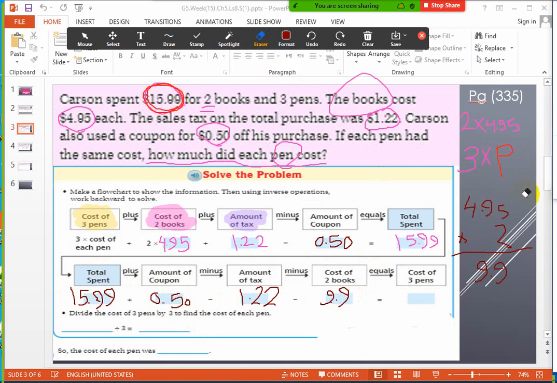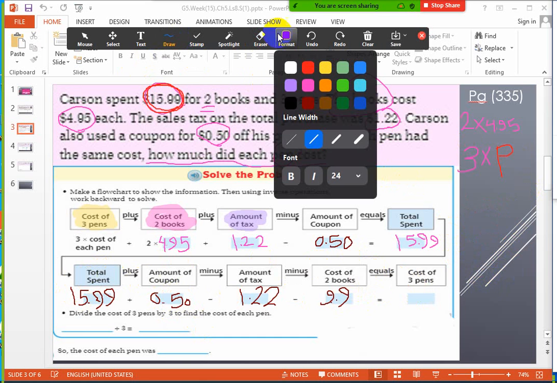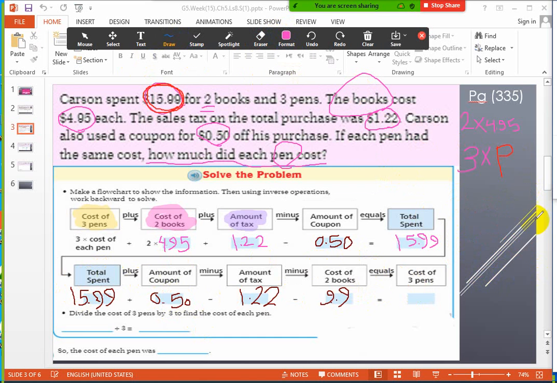Okay, I will do it here. First thing, 15.99 plus 0.50. First thing, 9 plus 0 equals 9. 9 plus 5 equals 14.